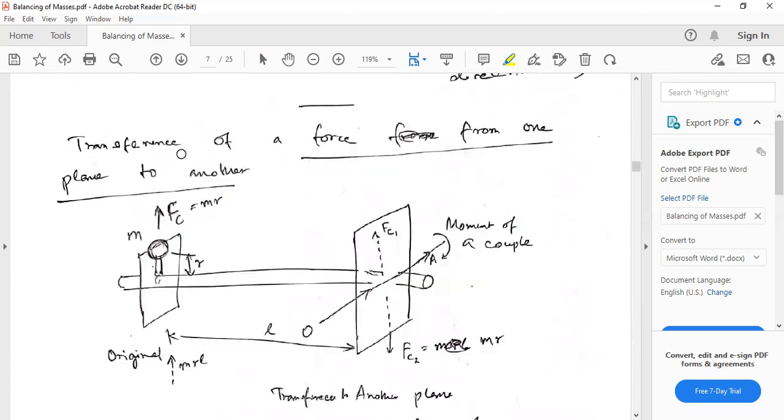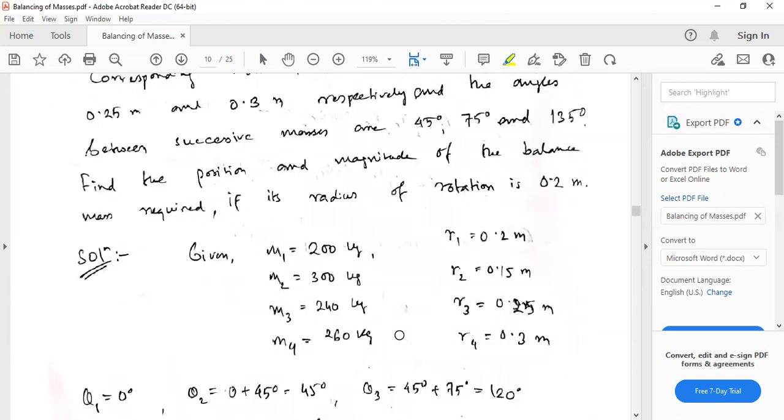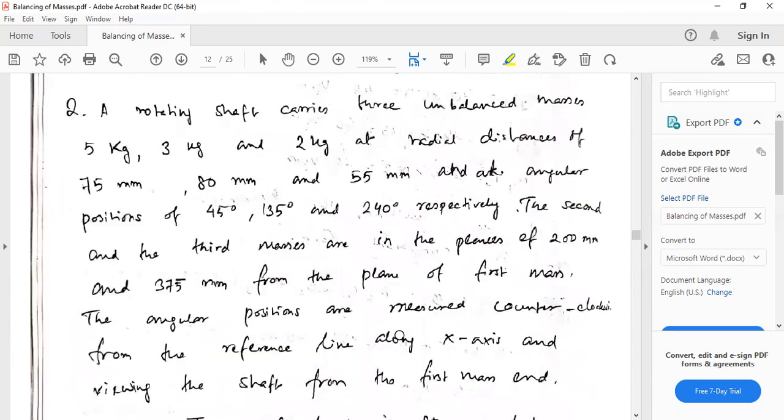Yeah, this one, transference of a force. Actually, how to transfer a force is, you have to multiply by the length. So this force is there, M and R. If you transfer the force to a distance of L, what you have to do is multiply L with them. So MR into L, that is what you have to do. Here we will see how to do it.